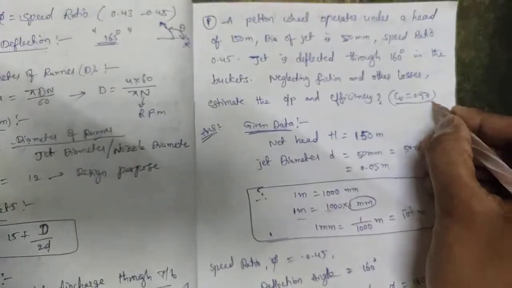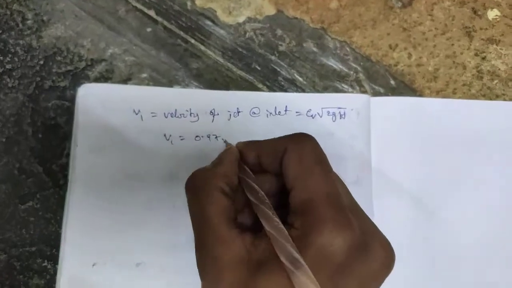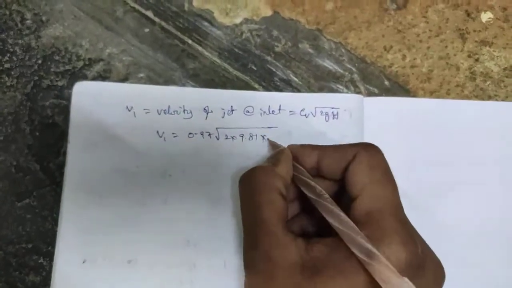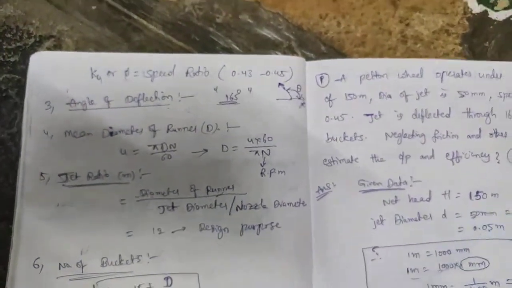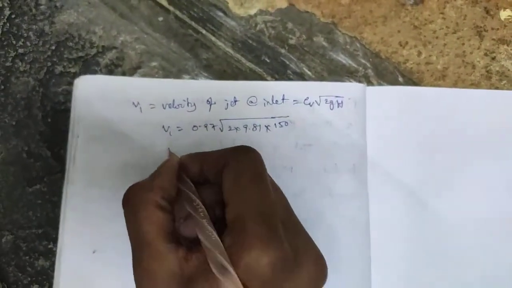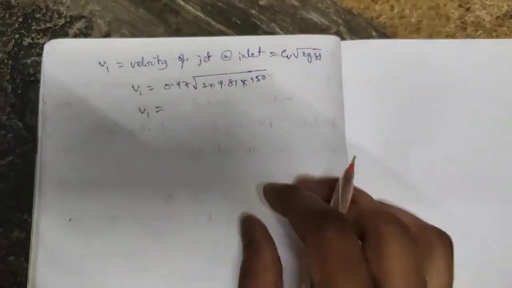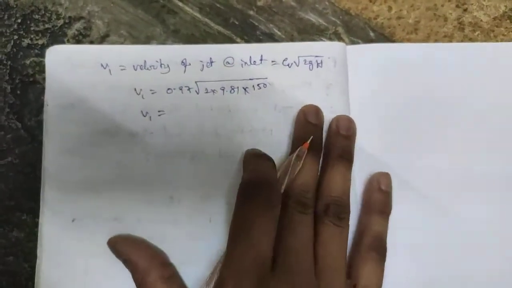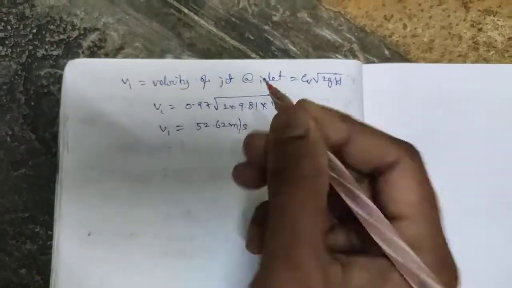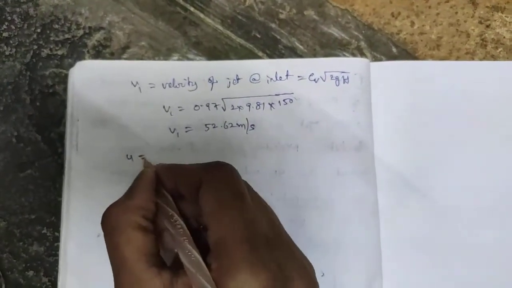Here it is 0.97. So 0.97 under root 2 into g value 9.81 and H value, net head 150 meters. After calculating this value, we get jet velocity 52.62 meter per second.